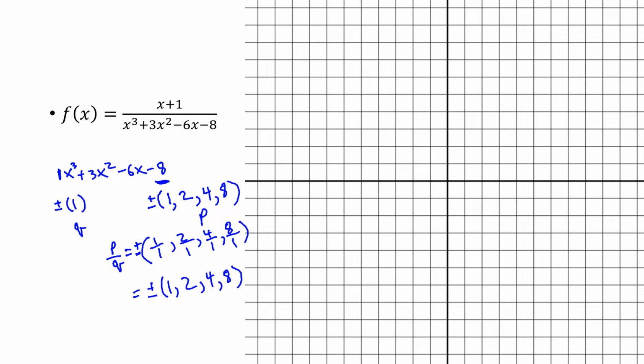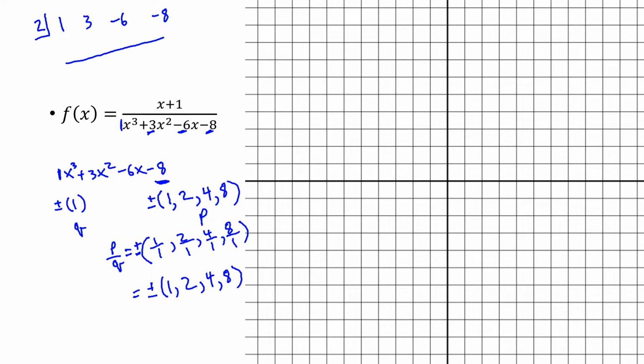Let's say that we picked one of these to use with synthetic division, maybe 2. So we're going to use 2 here. Our numbers are 1, 3, negative 6, and negative 8. So we're going to use those coefficients, 1, 3, negative 6, and negative 8.